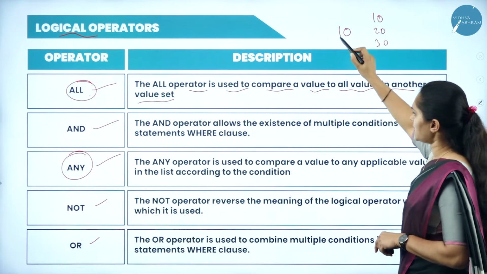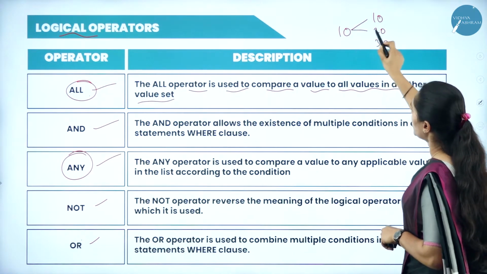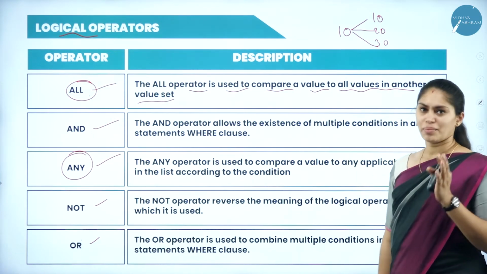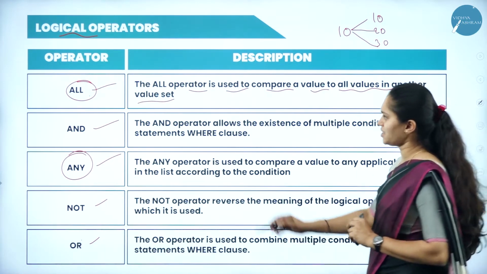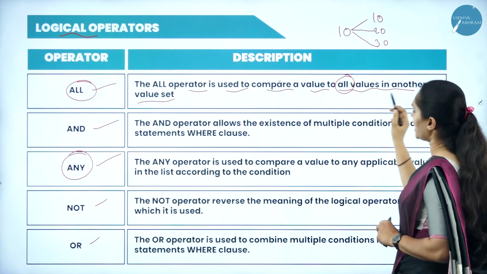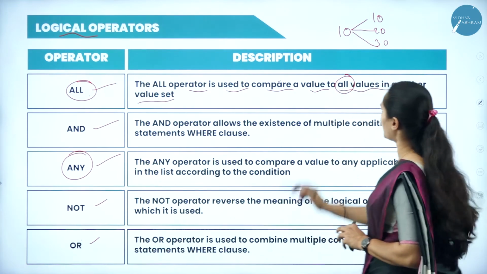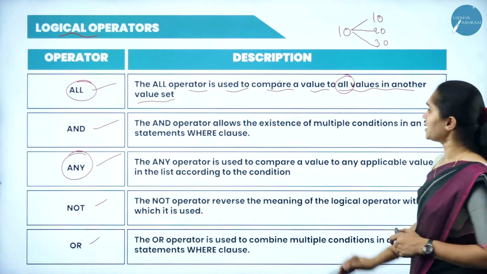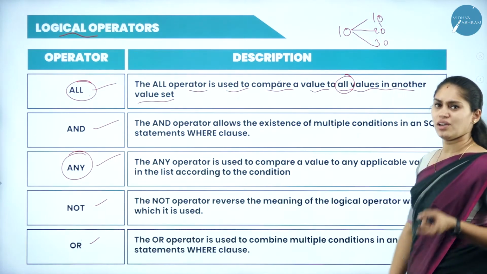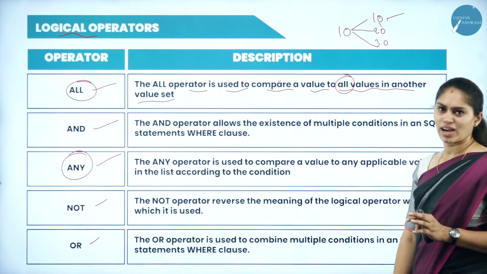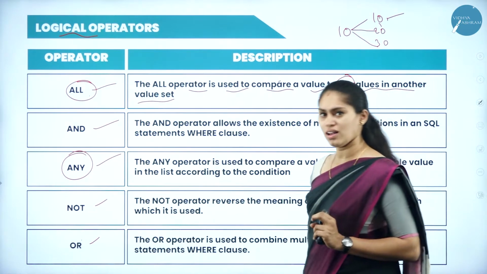This 10 is going to be compared with all the other values, so we use the operator called all. Here I have a set of values 10, 20, 30, so I will be comparing this 10 with all these three.